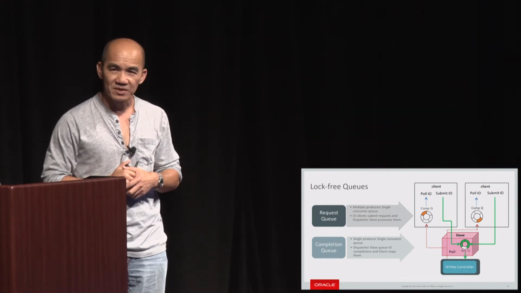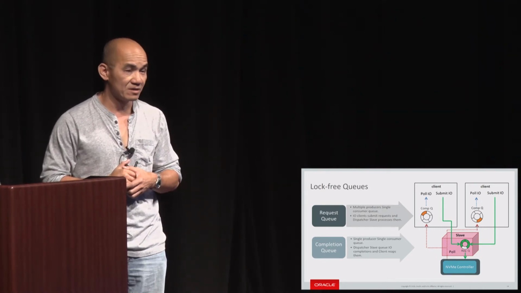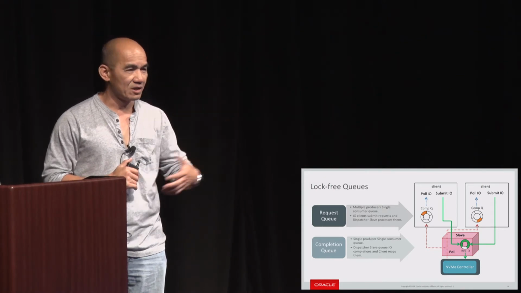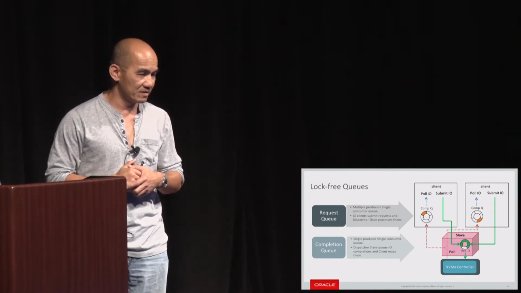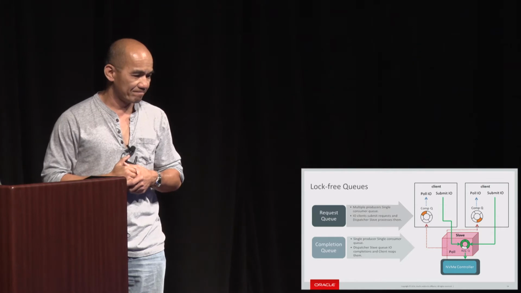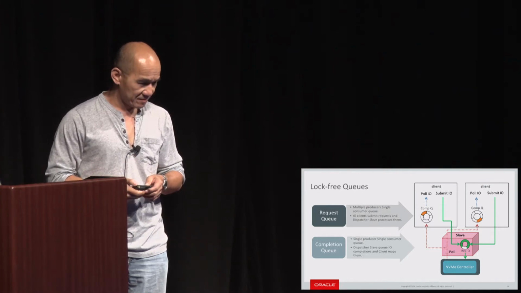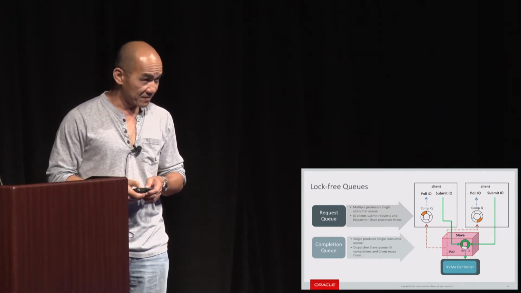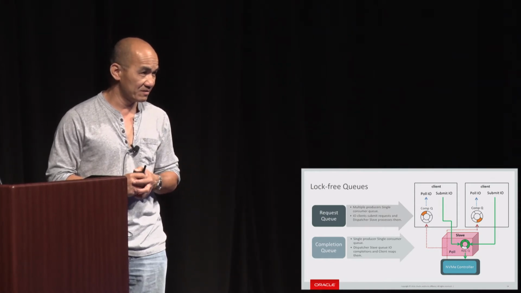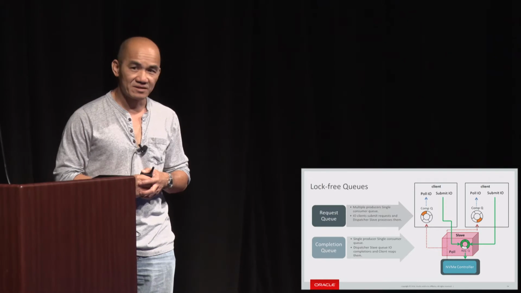The client will pick up the completion and process it. So this is the general flow of how we designed our dispatcher to minimize the overhead. Any questions? That's pretty much the slides for our dispatcher.